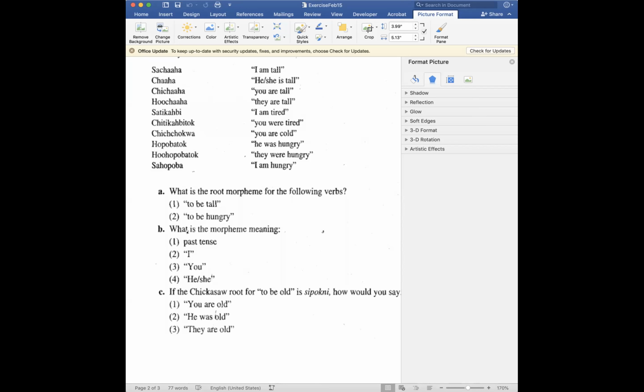Okay. So, past tense. Let's see. What are the past ones? You were tired. Chitibitok. He was hungry. Hopobatok. They were hungry. Hopobatok. I think the thing in common there is for hungry, for all the ones that are past tense.